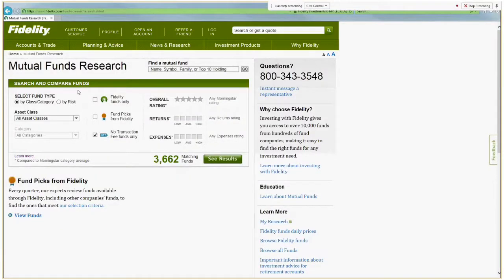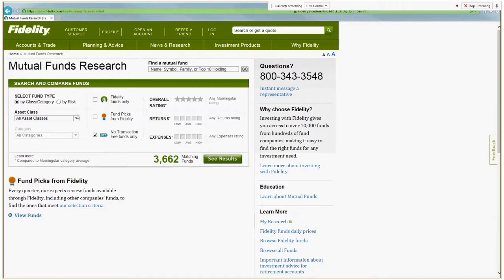The first thing you'll notice is you have a few different options here to help you refine your search. With Fidelity, you have some Fidelity-only funds, and some fund picks from Fidelity, which are just ones that Fidelity recommends. And then there's also no transaction fee funds. This is going to be the box that you'll want to check.